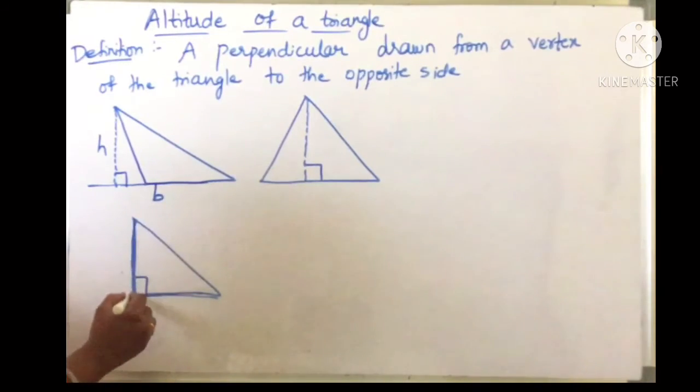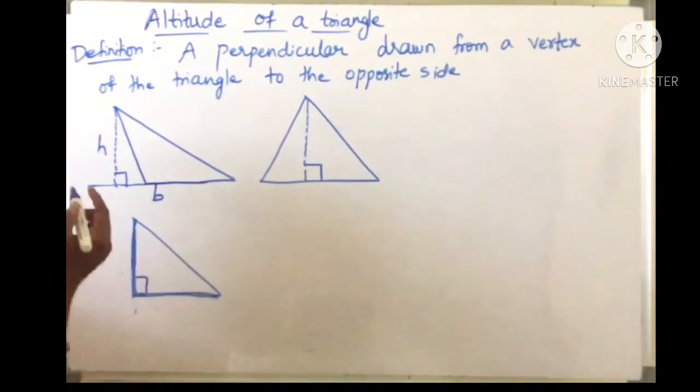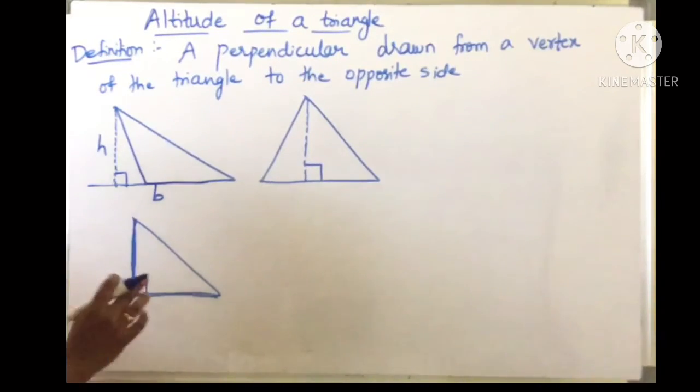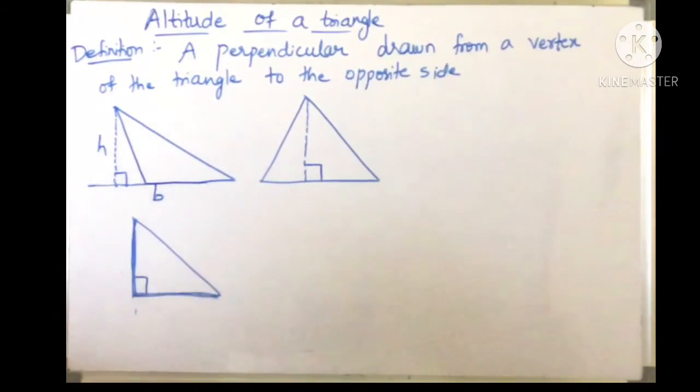Here this is one altitude and this is one altitude. So the two sides containing the right angle are the two altitudes of it. And an altitude need not necessarily be in the interior of the triangle. It may be outside, inside, or in a right angle triangle, the two sides are the altitudes, right?